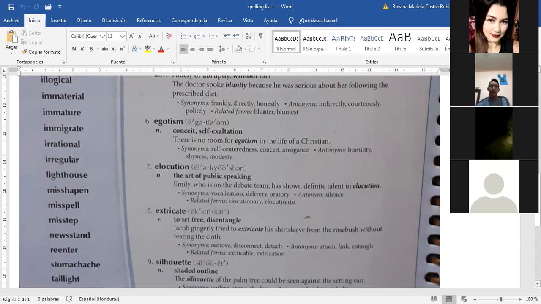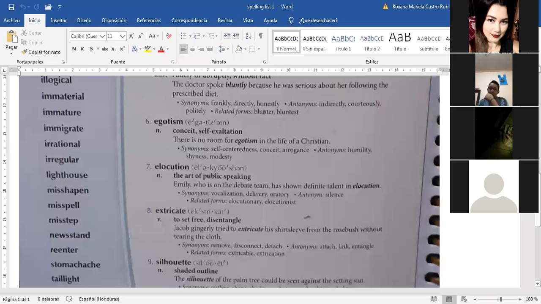And it says, what is elocution? The art of public speaking. Not everybody has elocution, right? Do you have elocution? No. Probably yes, probably not. Sometimes we don't know if we have elocution because we don't practice, but probably you have.